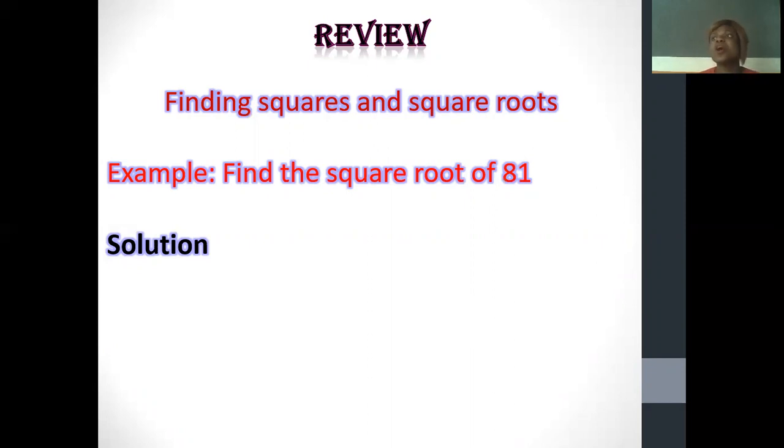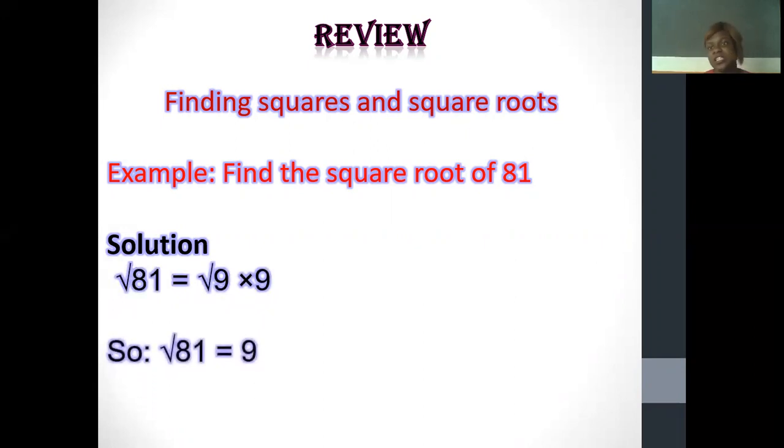So we are looking for a number that when multiplied by itself gives us 81. There is another method, the repeated division method, where you divide and then pair, but that's a topic on its own. The answer here is 9 times 9 gives 81, so the square root of 81 is 9.